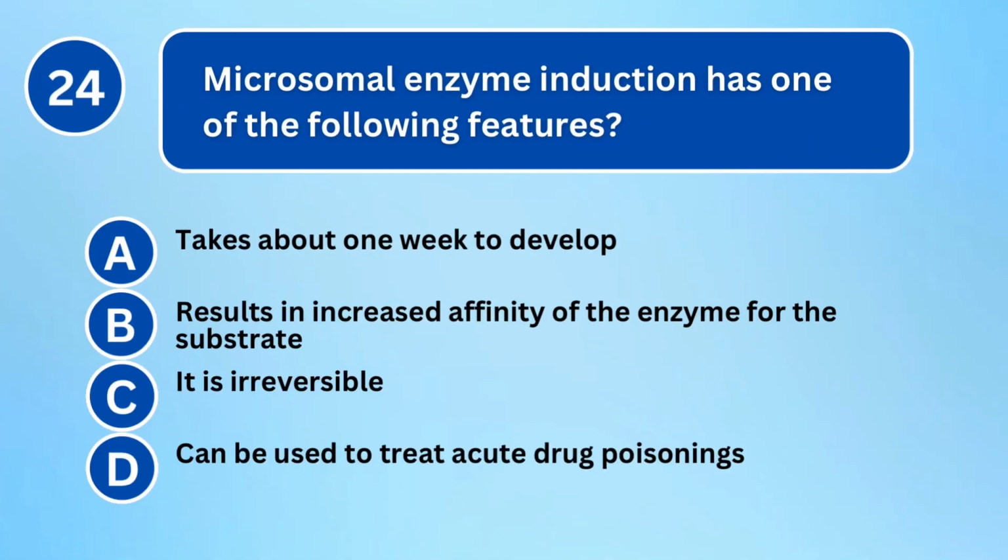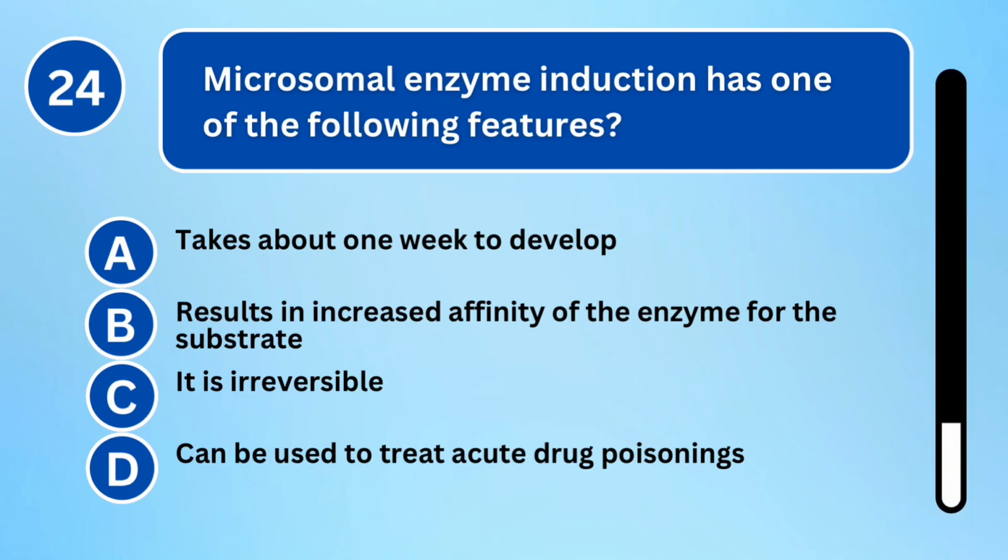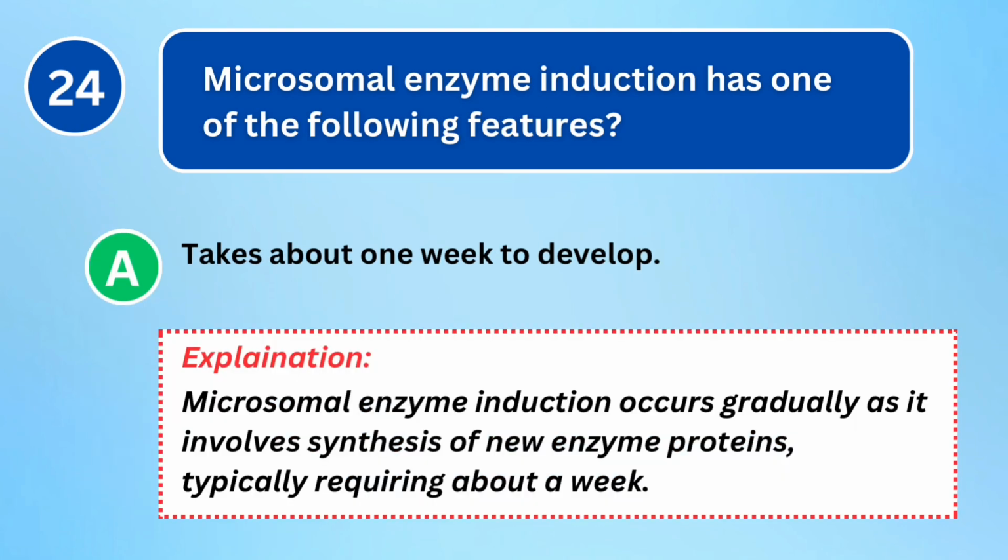Microsomal enzyme induction has one of the following features: A. Takes about 1 week to develop. B. Results in increased affinity of the enzyme for the substrate. C. It is irreversible. D. Can be used to treat acute drug poisonings. Correct answer, A. Takes about 1 week to develop.